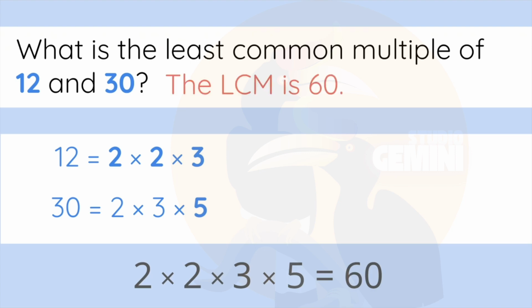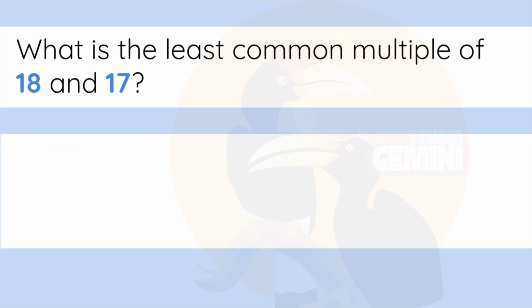Let's look at another example now. What is the least common multiple of 18 and 17? We will approach this the same way as the last problem and first write the prime factorization for each number. 18 equals 2 times 3 times 3. 17 is a prime number, so the prime factorization of 17 is just 17.